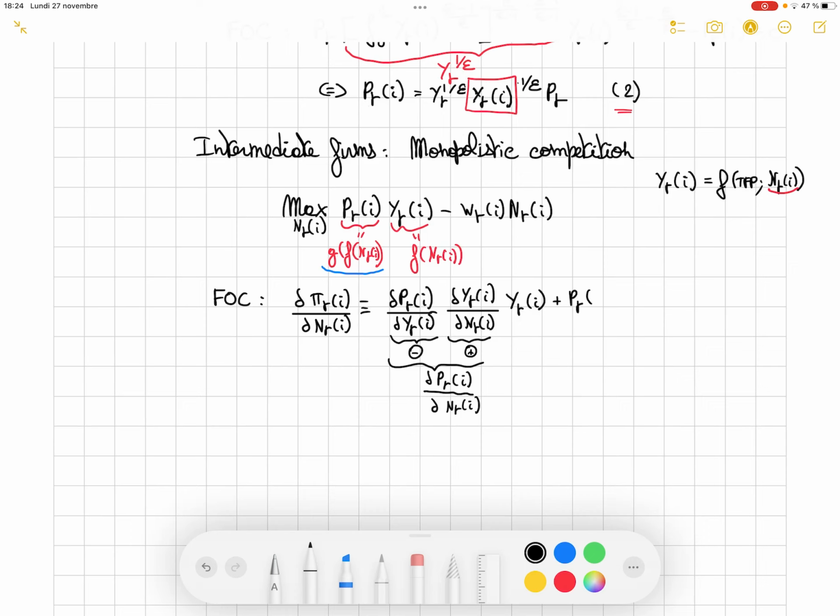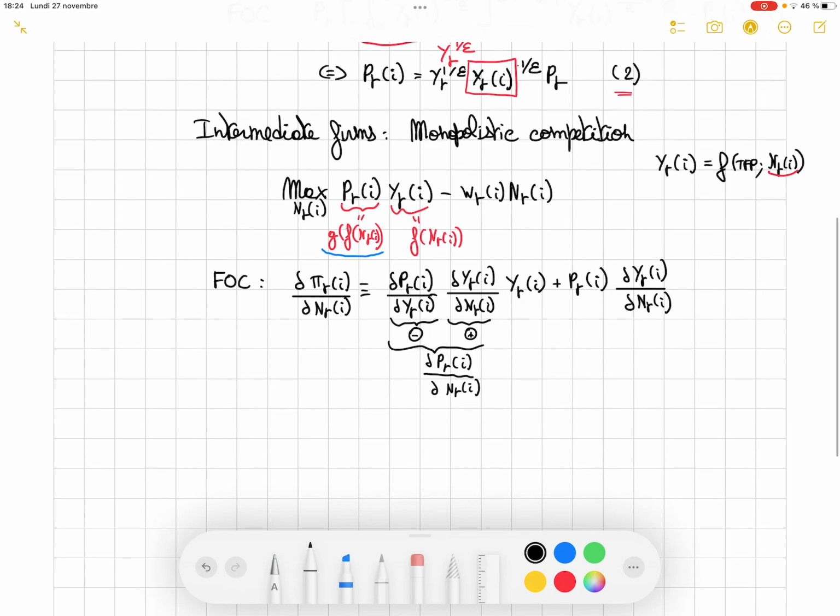So that will basically give us this price multiplied by the derivative of the production with respect to labor. And so basically this is positive, multiplied by something positive. So that's basically just the profit the firm receives from selling one more unit.